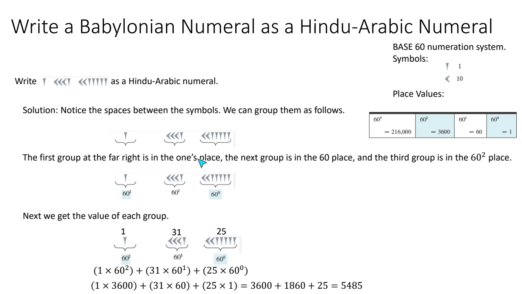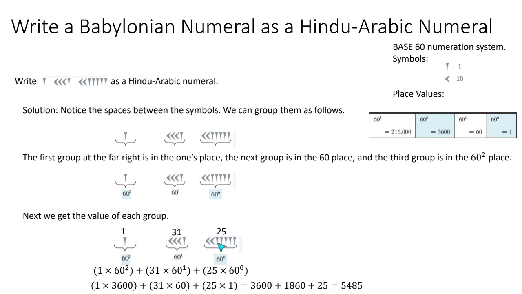Then what I like to do is put the place value under each group. So this is in the 60 to the 0 power. This is in the 60 to the first power. And this is in the 60 to the second power group. Then we want to figure out the value of each group.